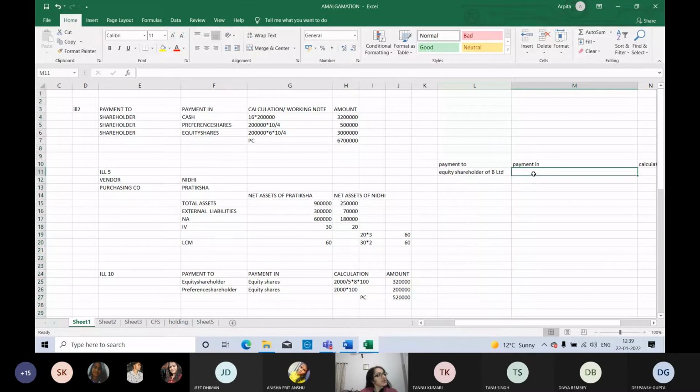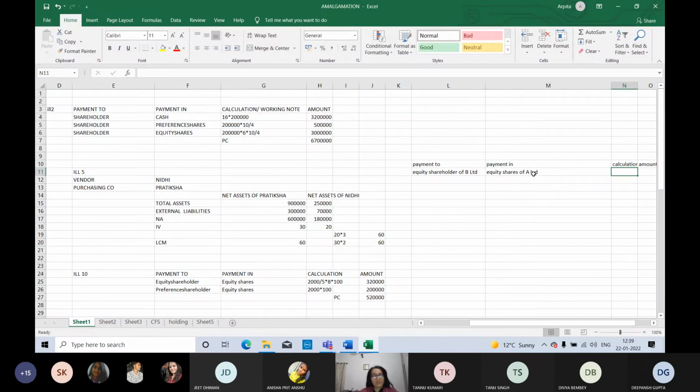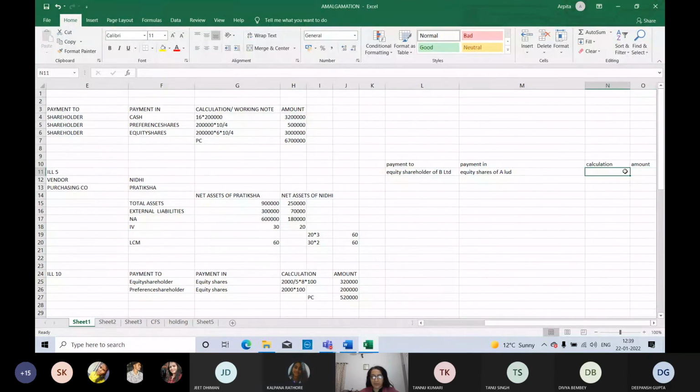Right, correct. Now, what is going to be the calculation? It shows 35,000 equity shares of 10 each. So it's going to be 35,000 into 10, and this is going to be 3,50,000.